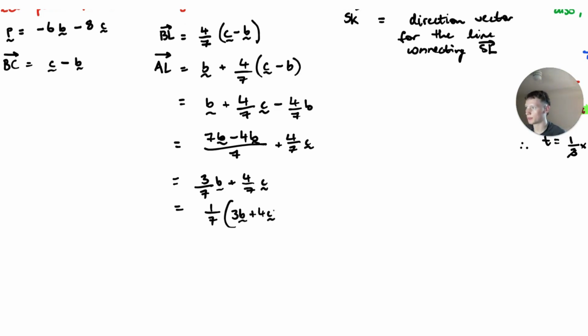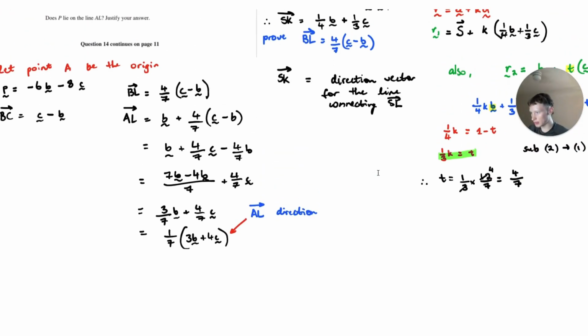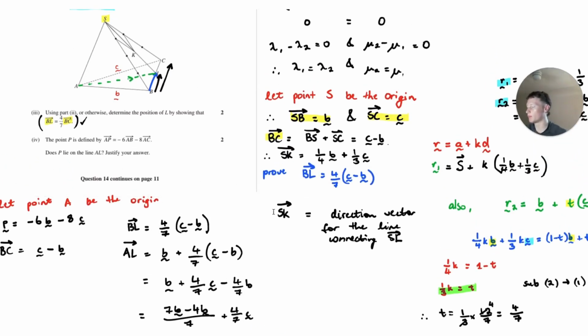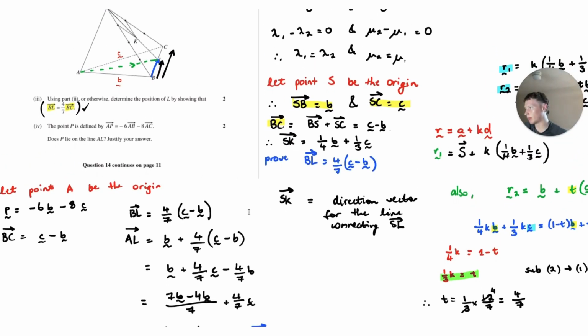That's fine as well. And so what this represents is the direction that you travel on the line A to L. In other words, this is the position vector L in our part 4. If we're then looking at, okay, could it be on the line A to L?